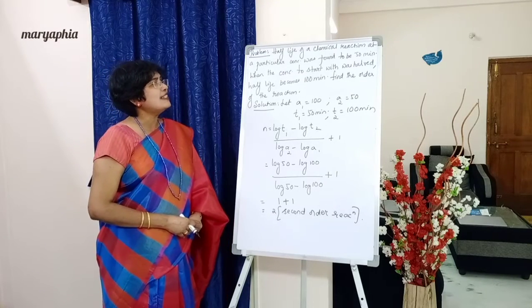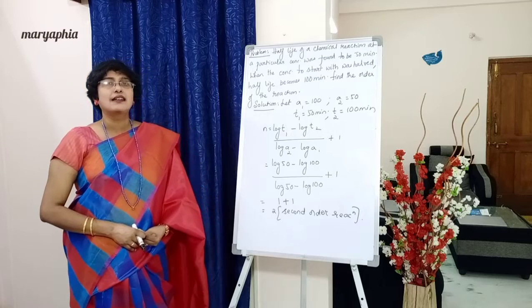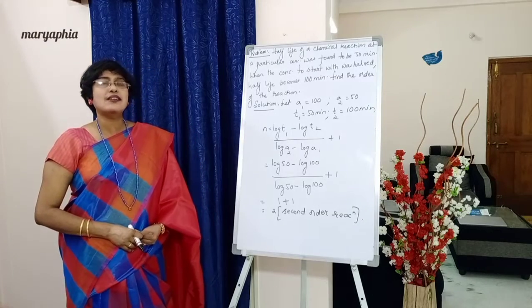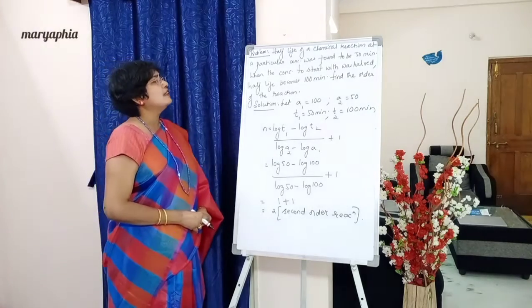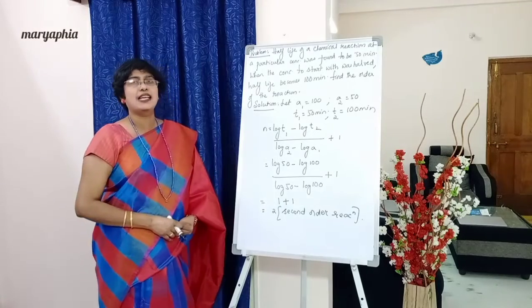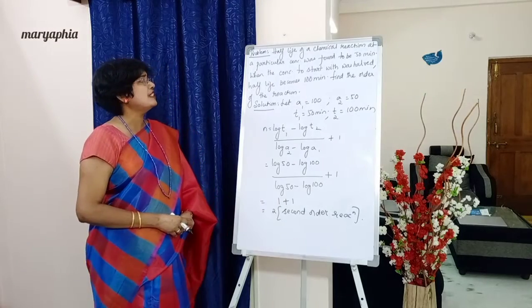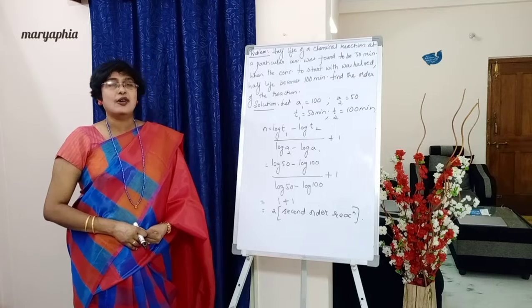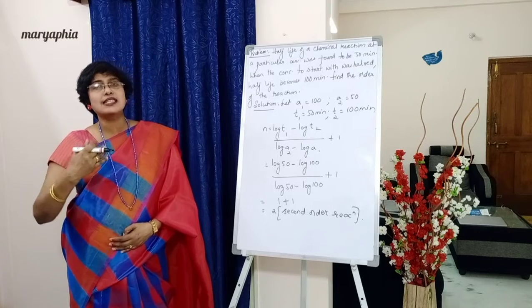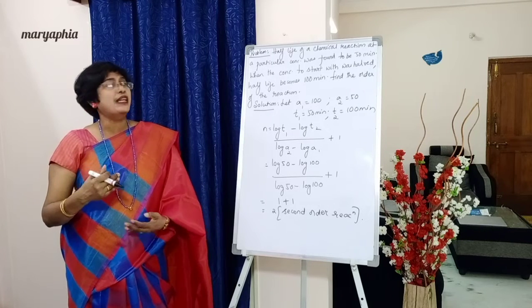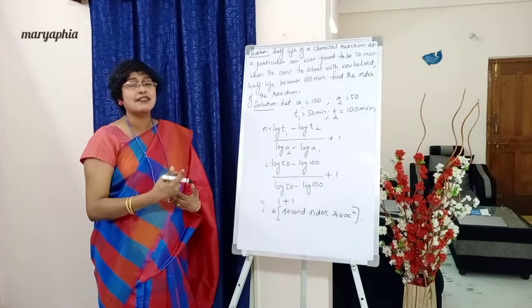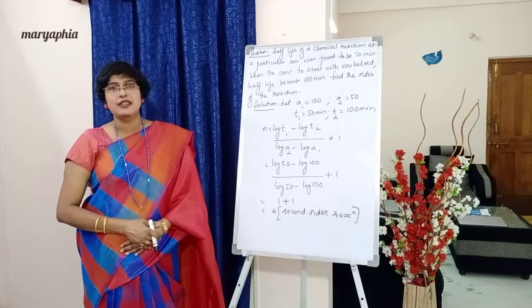When the concentration to start with was halved, that means we started with a particular concentration. If that concentration is A, that means when halved, it has become A by 2. Okay.